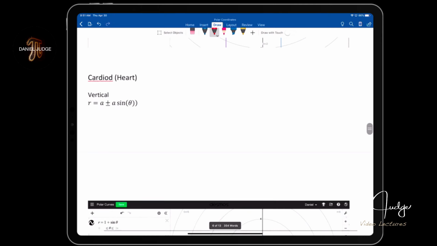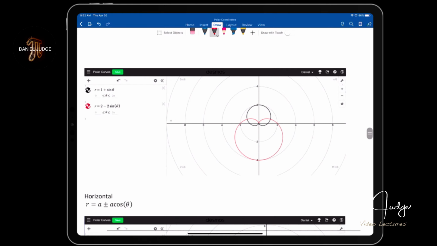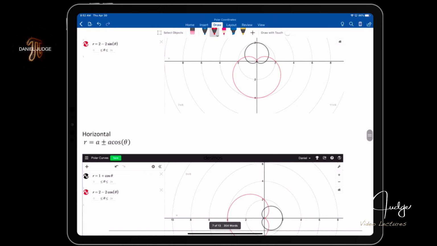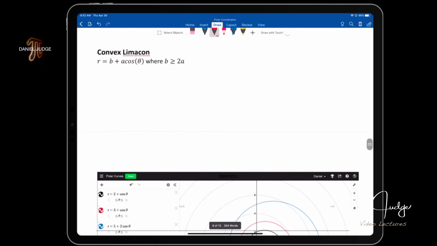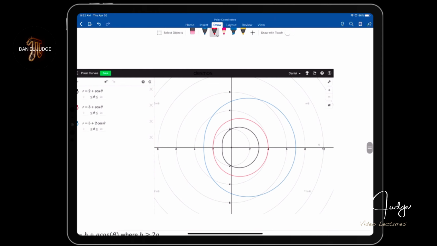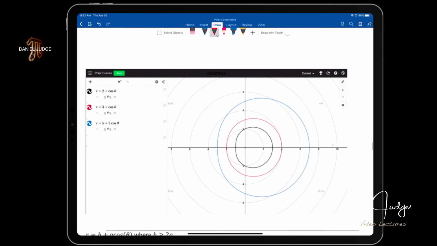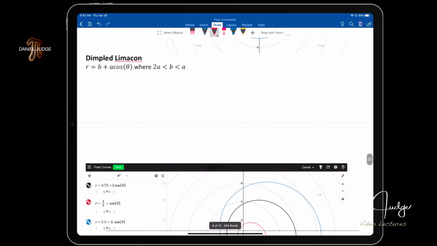And then here's some of my favorites, the cardioids, the hearts. You have vertical and horizontal, different colors. Here's the horizontal cardioids. Examples, we're going to be working with these. Convex limacons, kind of looks like an eyeball, really. Cross section of an eye. Anyway, you have a vertical and horizontal. Dimpled.